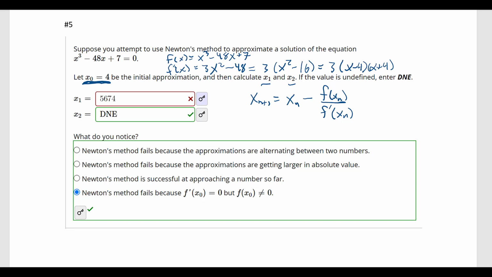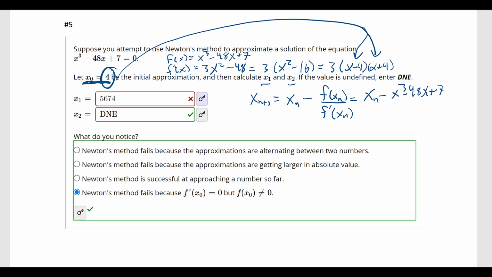Now that's what's going to go in the denominator. So what would happen if you were to put 4 in here and here? Well, our formula is going to be x sub n minus the x cubed minus 48x plus 7 over that 3x squared minus 48.